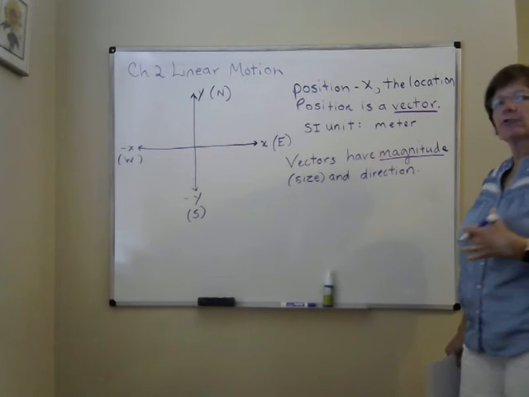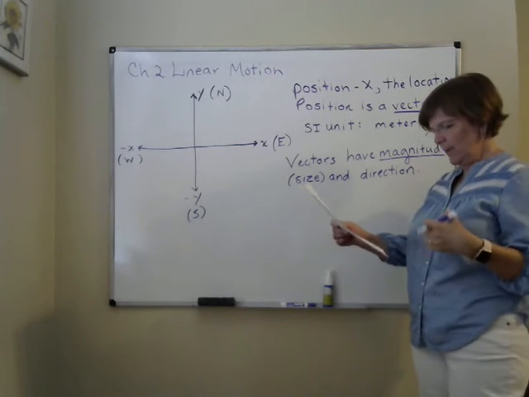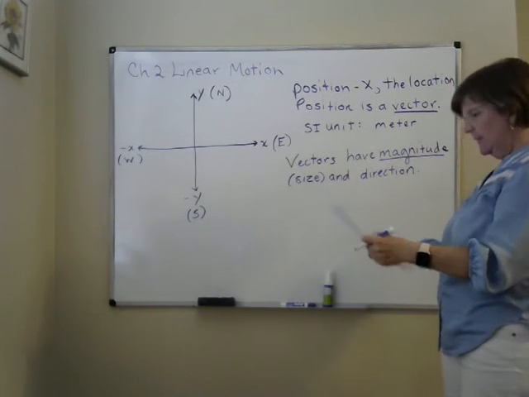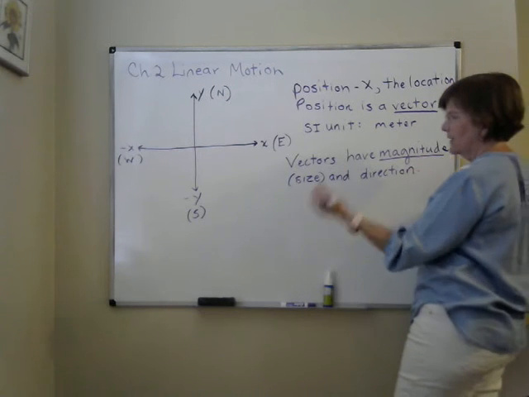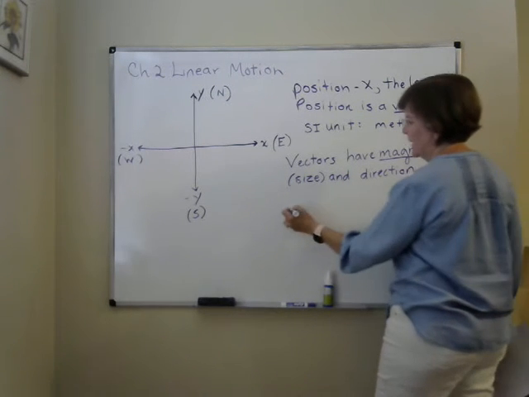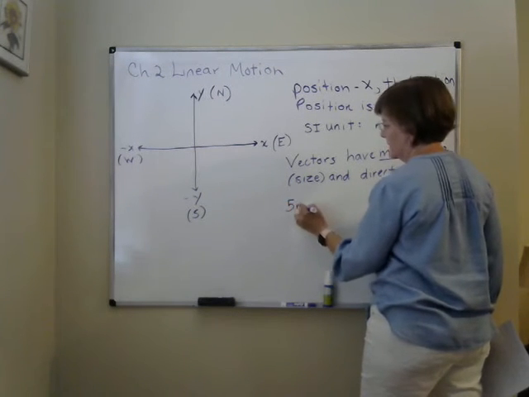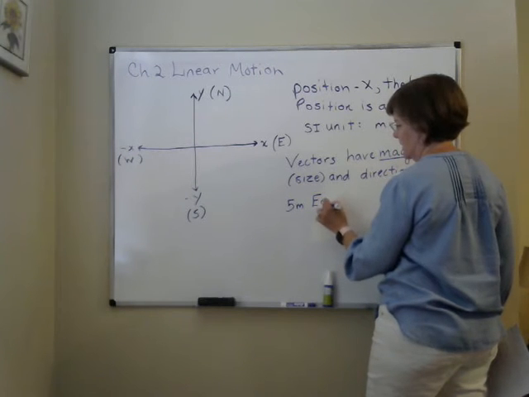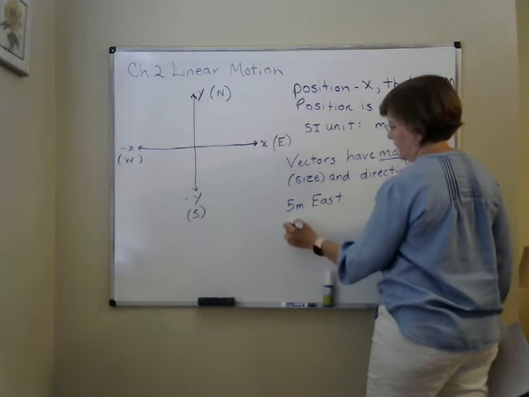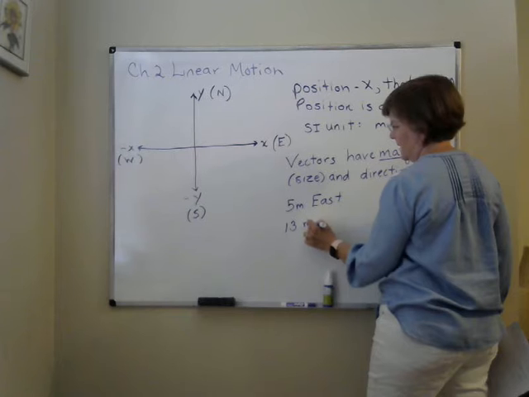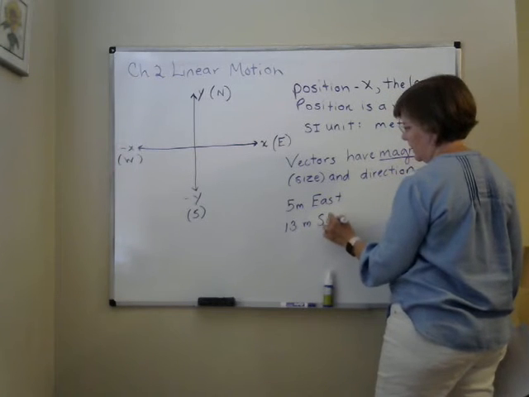Anything that is a vector is going to have a size as well as a direction. We can talk about somebody's position as being 5 meters east, 13 meters south.